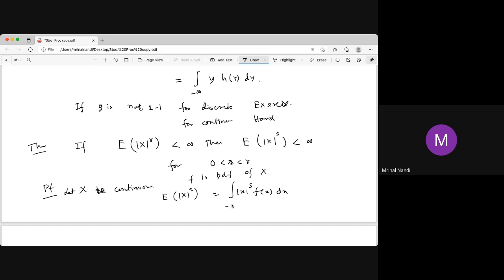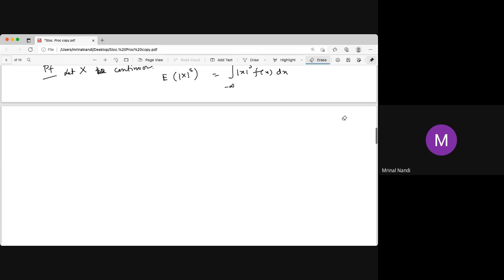Now this you can break into two parts. One part is the integration over the region where |x|^s is less than or equal to 1, and the other part is where |x|^s is strictly greater than 1.